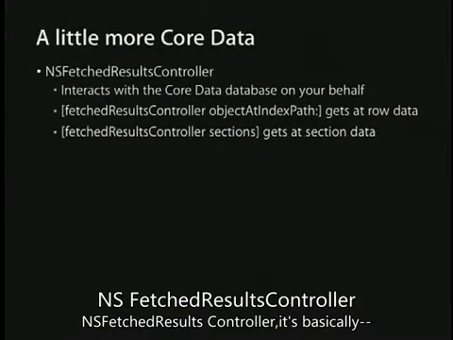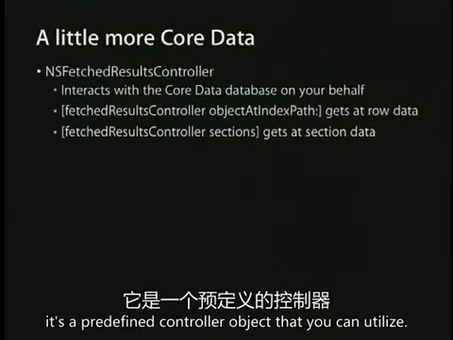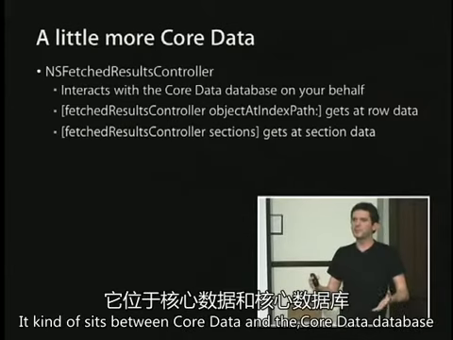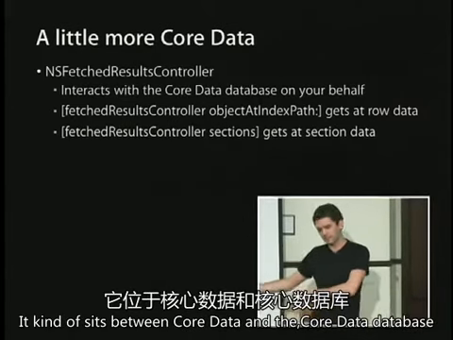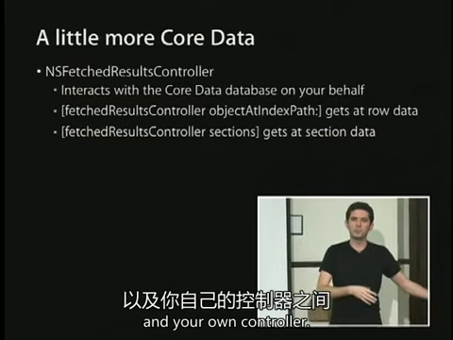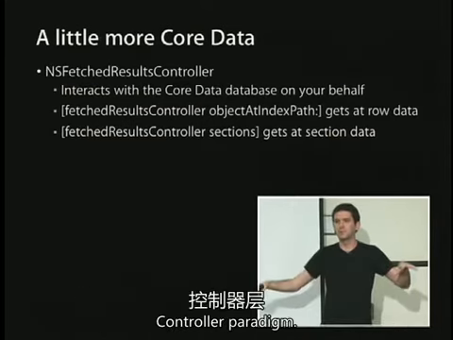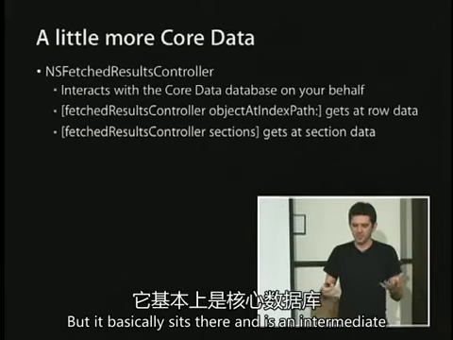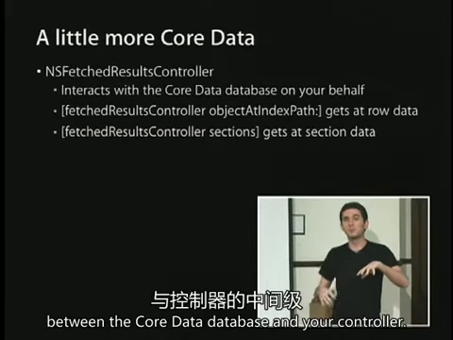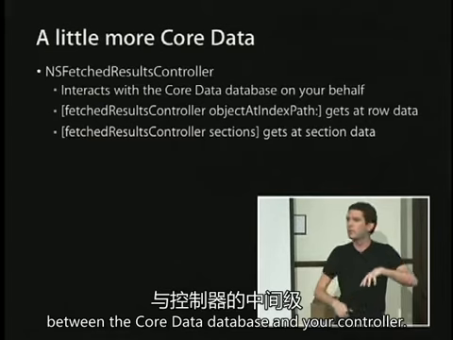NSFetchedResultsController is a predefined controller object that you can utilize. It kind of sits between the Core Data database and your own controller. So it's a little odd. It adds an extra controller layer inside your model view controller paradigm. But it basically sits there and is an intermediate between the Core Data database and your controller.